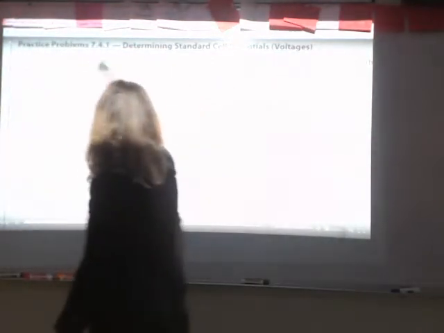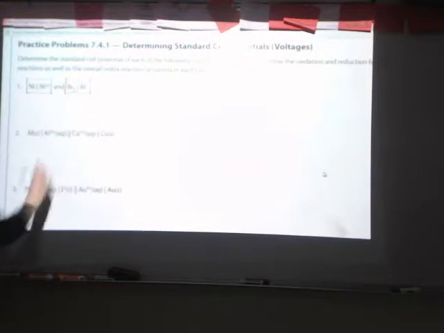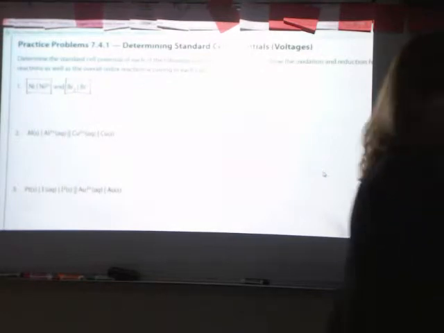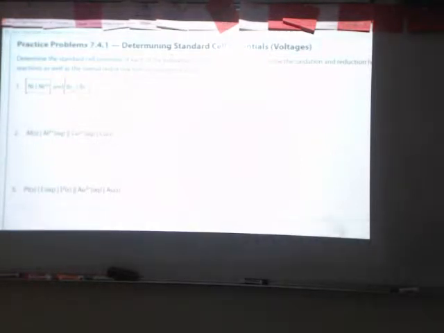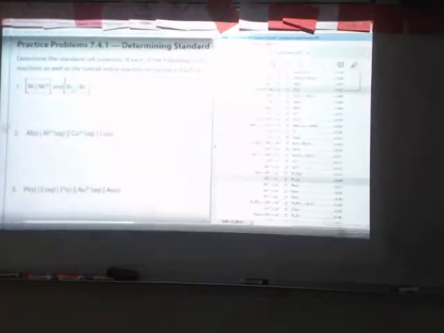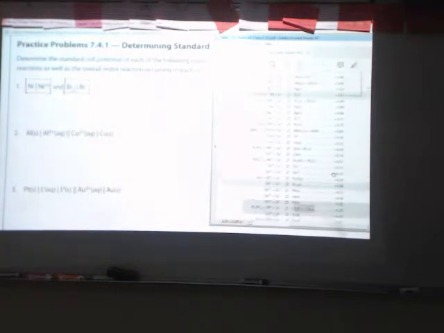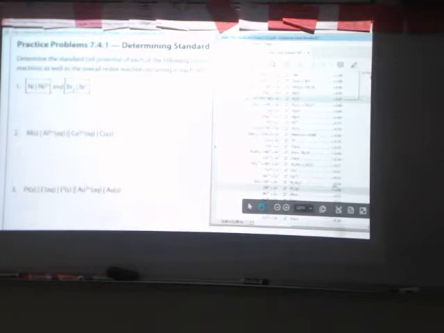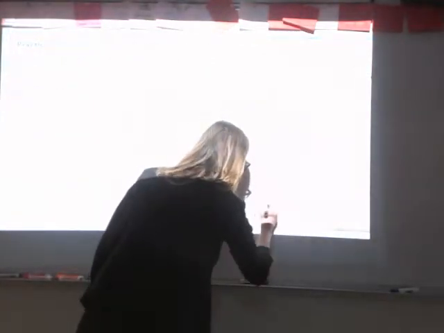I'm going to do number 1 and then I'll let you do number 2. For number 1, they're giving you a nickel half cell and a bromine half cell. You have to look at the SRP table to see where these substances are located. So if I bring up the SRP table here, you've got your nickel half cell down here.